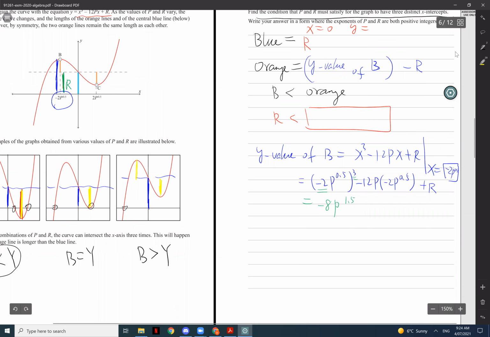Minus 12 times negative 2, positive 24. 2 to the power 1 times 2 to the power 0.5, again 1.5. That's the y value of B. Simplify: 16 P 1.5 plus R.